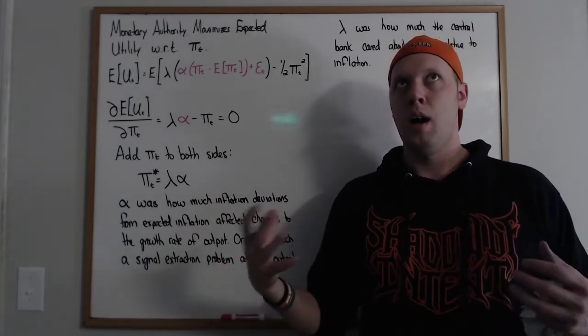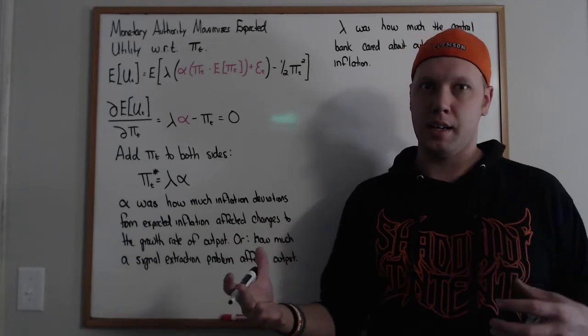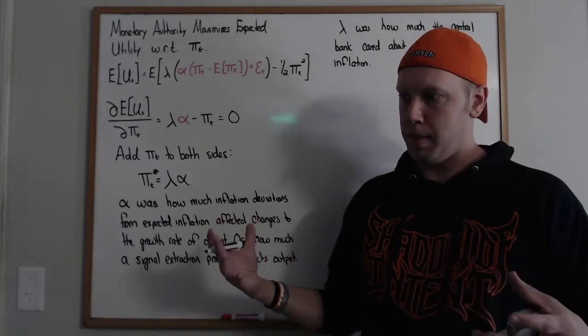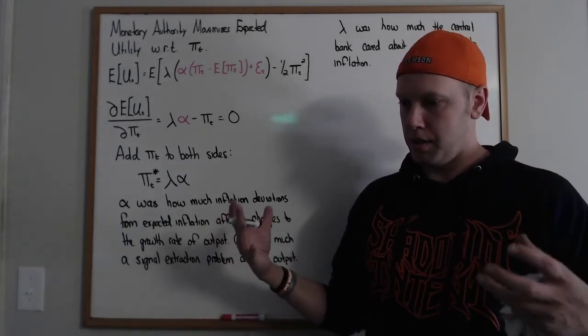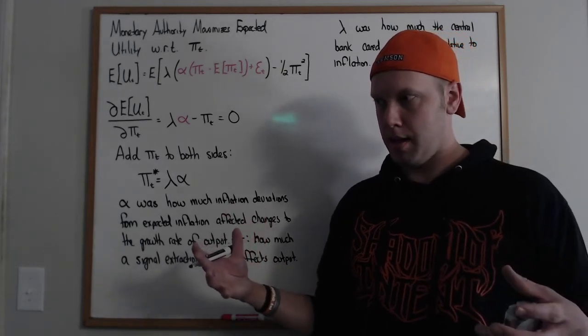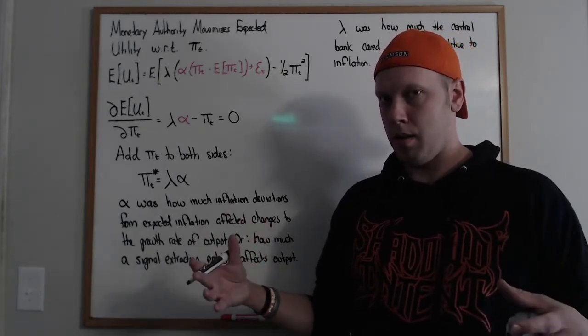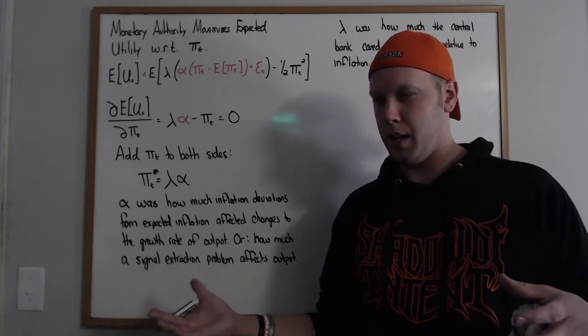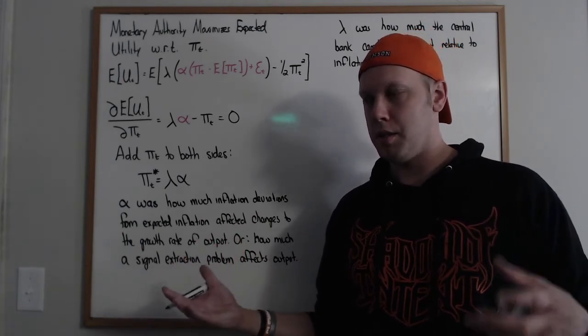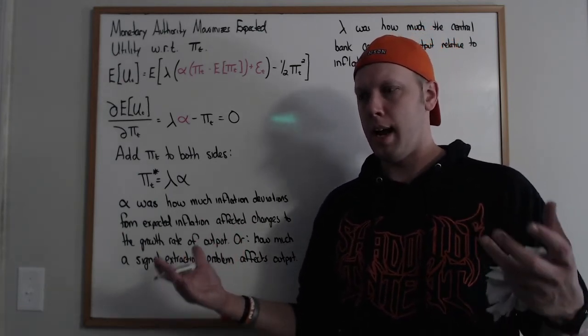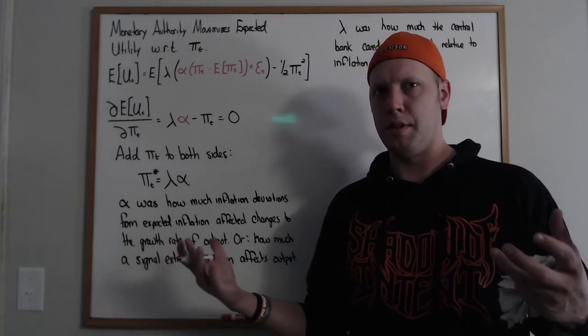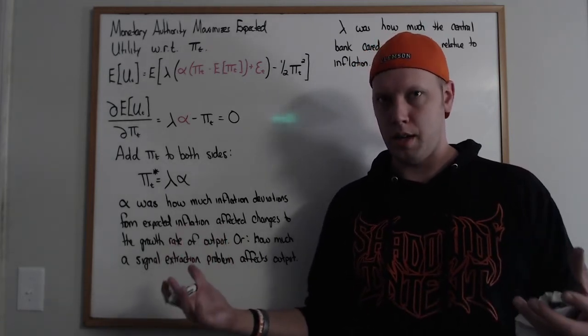So how could we take that into consideration? Well, if lambda is large, they care more about output than they do inflation. If they don't care about inflation as much, that has to put them in inflation dove territory. They're dovish on inflation.